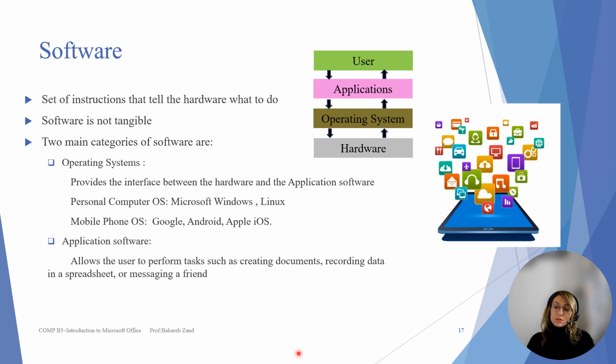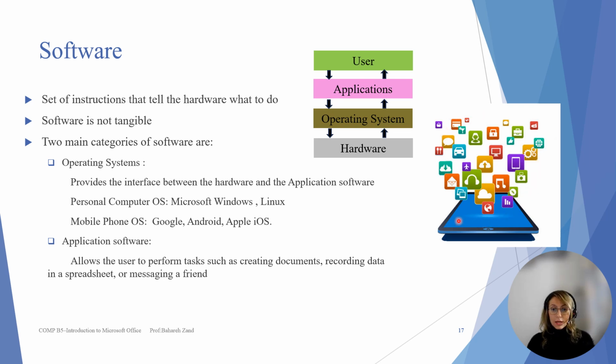Two main categories of software are operating systems and applications. Operating system software provides the interface between the hardware and application software. Application software allows the user to perform certain tasks. For example, these are all application software.